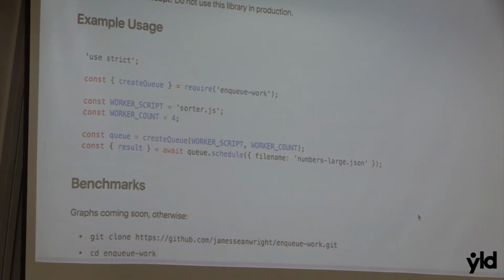It is a promise, so I'm using the async await syntax, awaiting this, and once it's been placed in the queue, then dequeued, then processed, then returned to the worker pool, then returned to the consumer, they will have the result, and that'll be done on an entirely separate event loop.